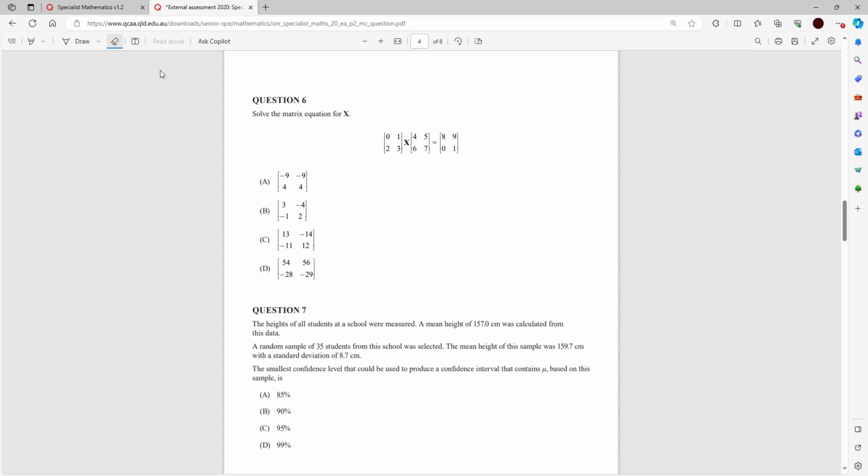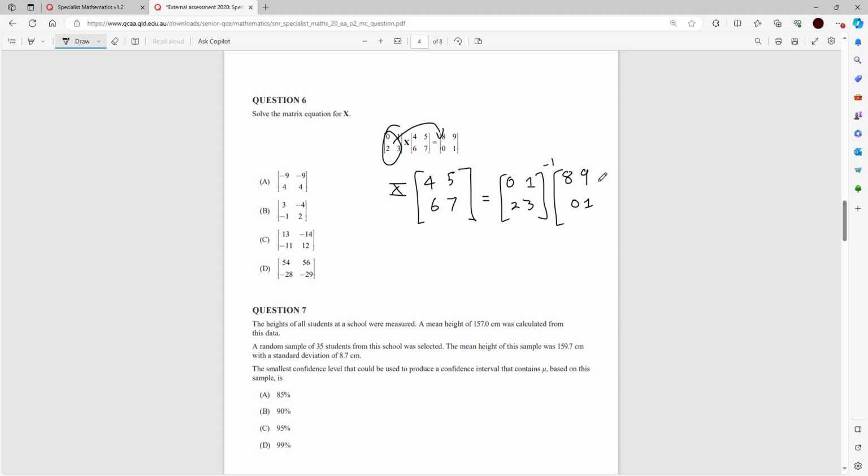Now there is a way you can move matrices to the other side if you multiply by its inverse. So I can move this matrix at the front to the other side. I just have to multiply by the inverse on the other side, and it has to be at the front. So I'll have x times the matrix 4, 5, 6, 7 multiplied by the inverse of the matrix 0, 1, 2, 3.